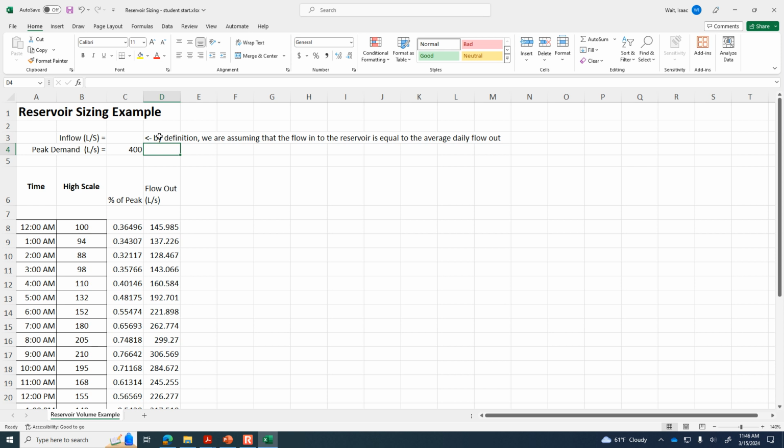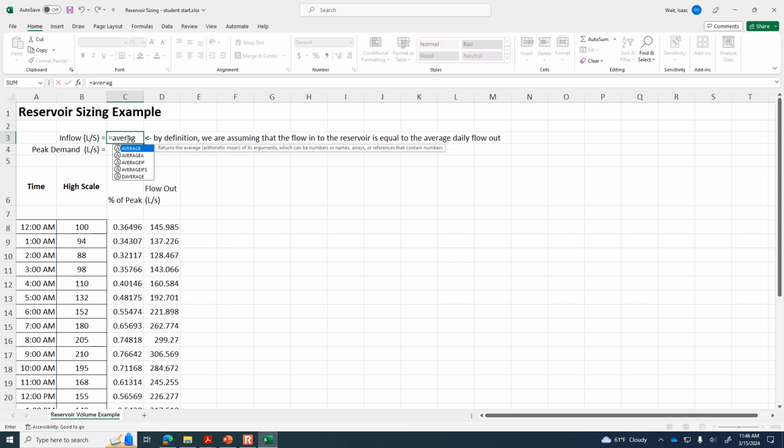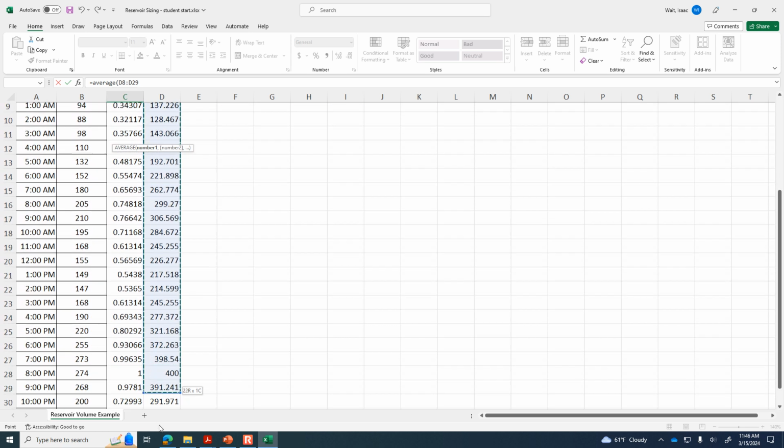If it's not, then either the reservoir will eventually overflow or it will empty. We're just going to make sure that as much water goes in as goes out. But we want to find out, if it's happening at a steady rate, what would the inflow rate need to be? So I'm going to do equals average and then calculate the average of all of the outflows.